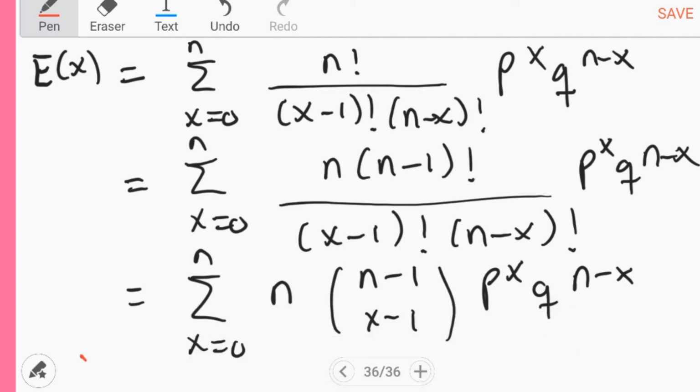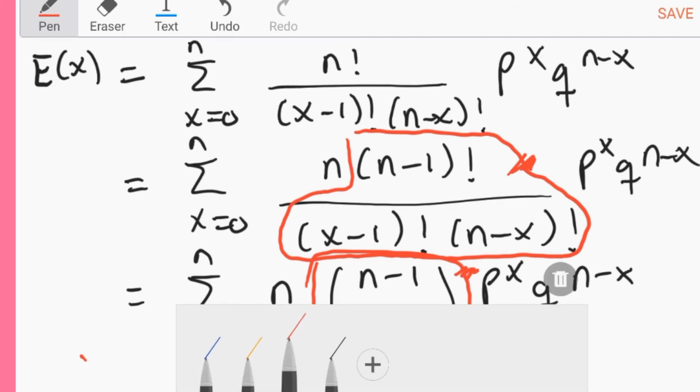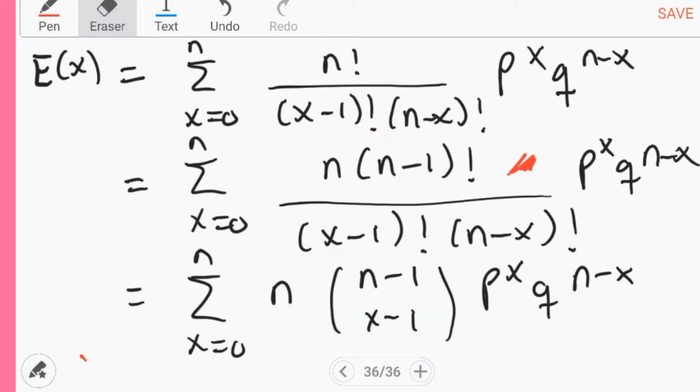Watch that this side of the expression can be written as n minus 1 combination x minus 1. So if you write this whole expression as this, then it means that the n can stand alone. So that is how come we're able to write it as that.